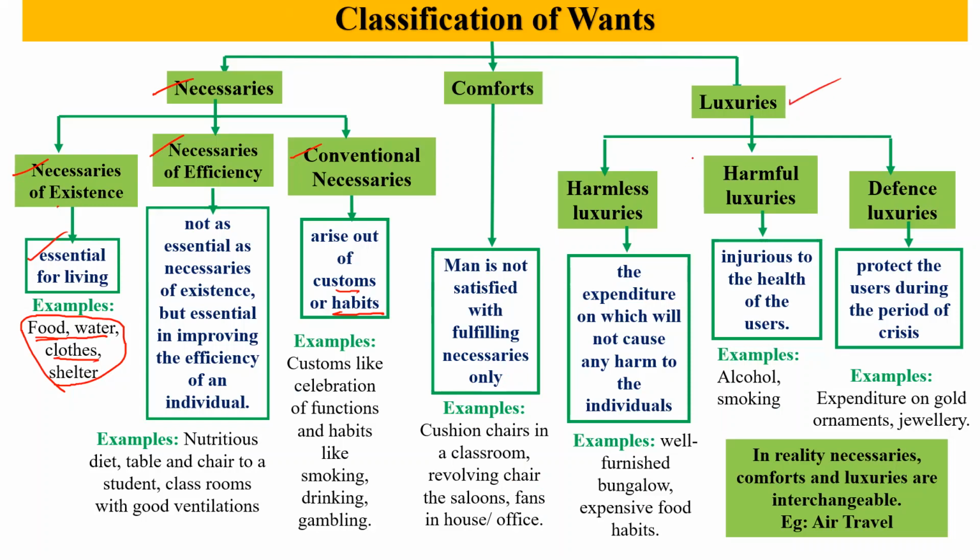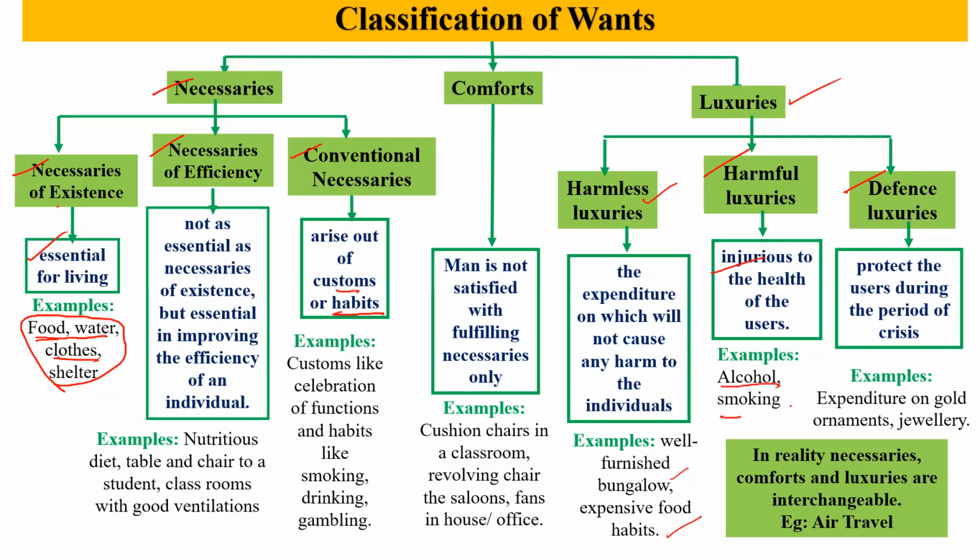And luxuries, again, are classified into three: harmless luxuries, harmful luxuries, and defense luxuries. Harmless luxuries are expenditures which will not cause any harm to the individual. Example, a well furnished bungalow, expensive food habits. They won't cause any harm to that individual. But harmful luxuries cause injuries to the health of the user.